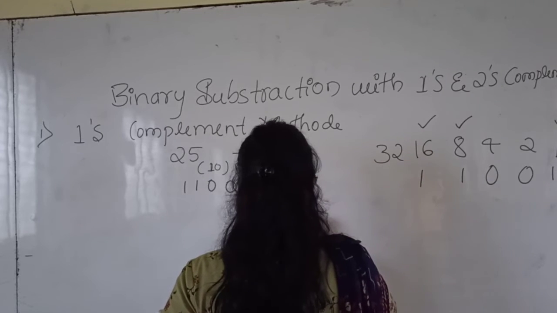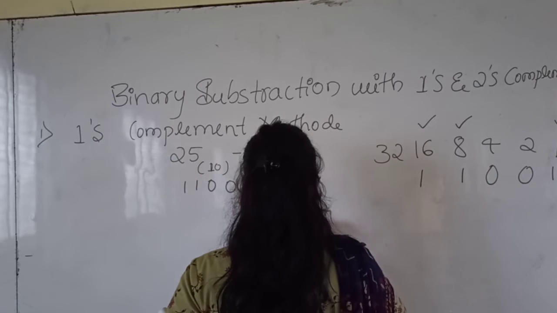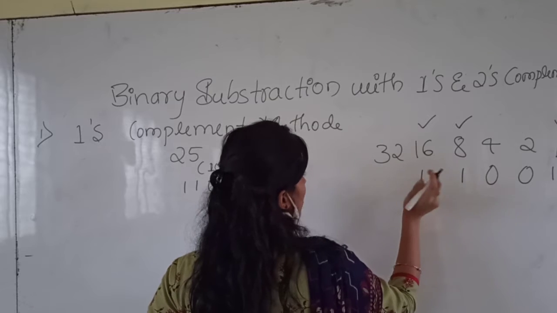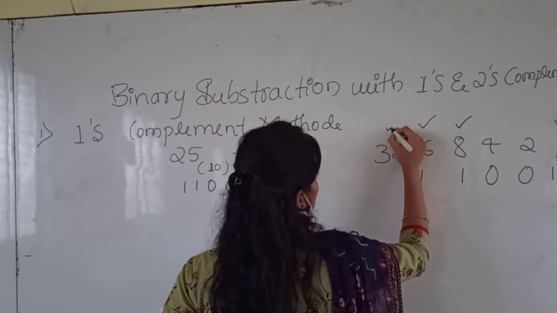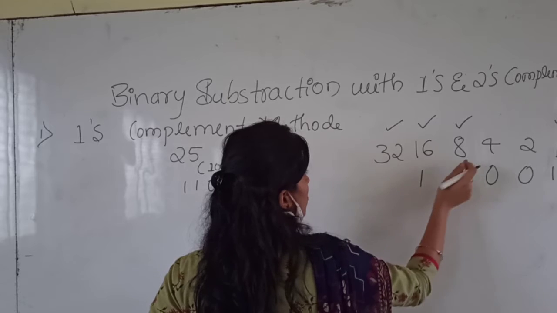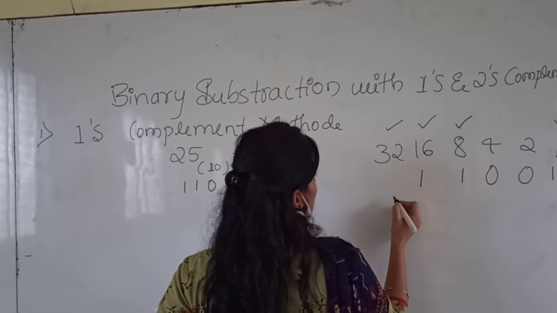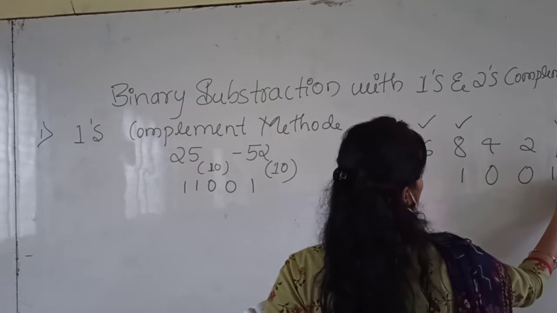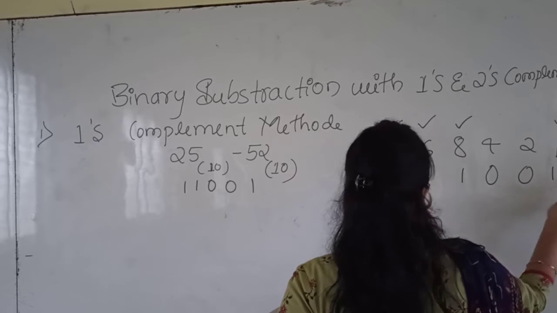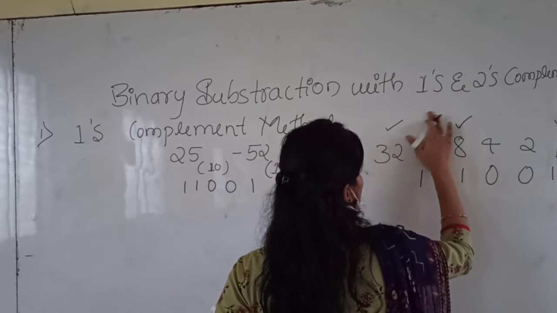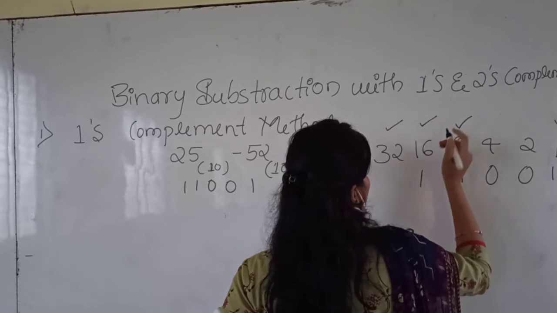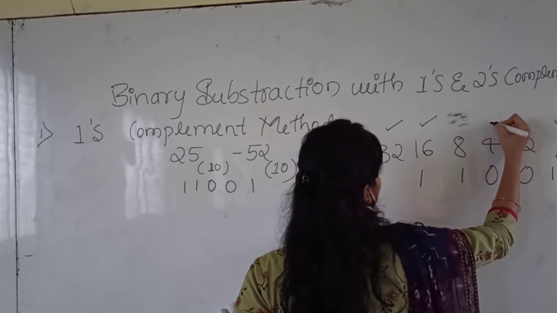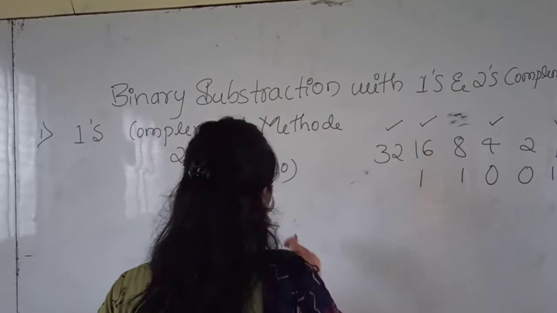And for 52, 32 plus 16 becomes 48, and the 8th position will be 0. 48 plus 4 is 52.